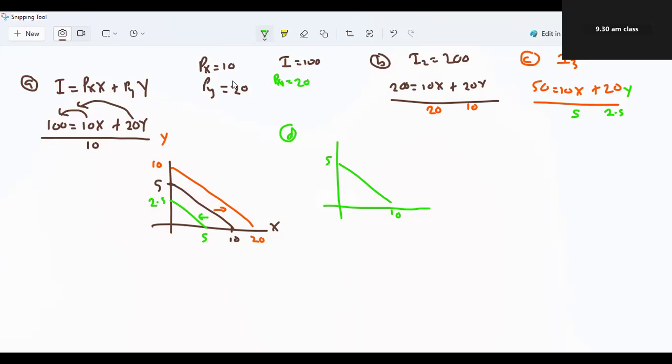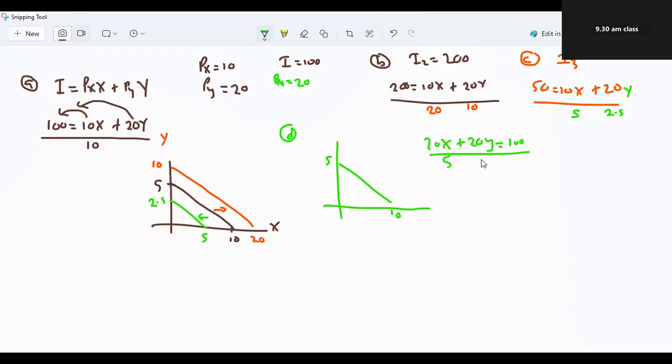Everything else remaining the same. What becomes our new equation? So instead of putting 10x, we're going to put what? 20x plus 20y. We leave the y as it is equal to 100.